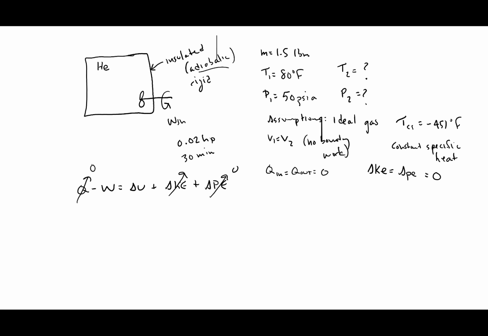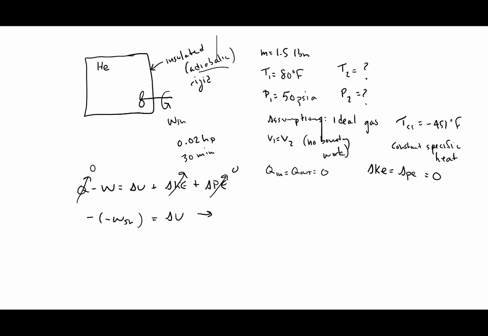So basically we have that the work is equal to the change in internal energy, and our only work is shaft work. The work is being done to the system, so that means that our work is negative. So we have negative shaft work here is equal to delta U.